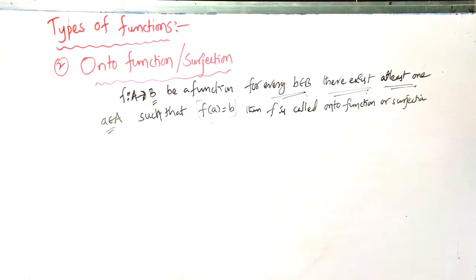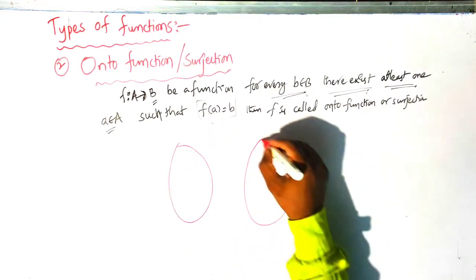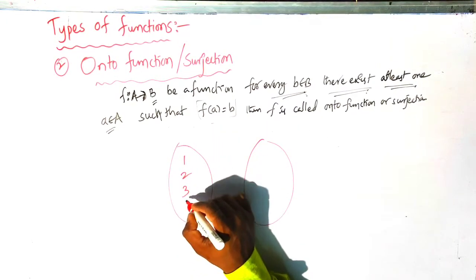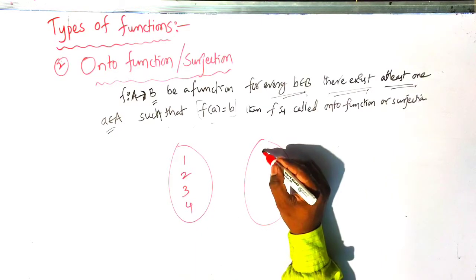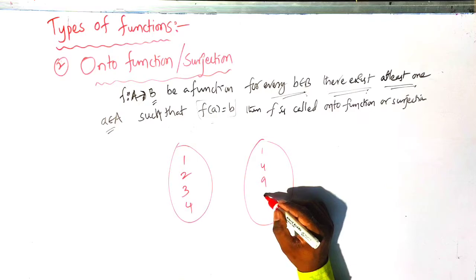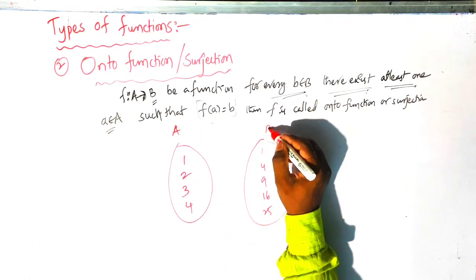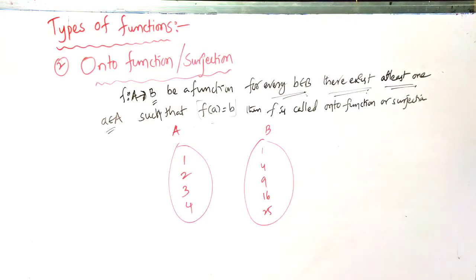For example, we take here 1 2 3 4. So 1 4 9 16 25 we taken in function definition. For function definition we taken like this here.